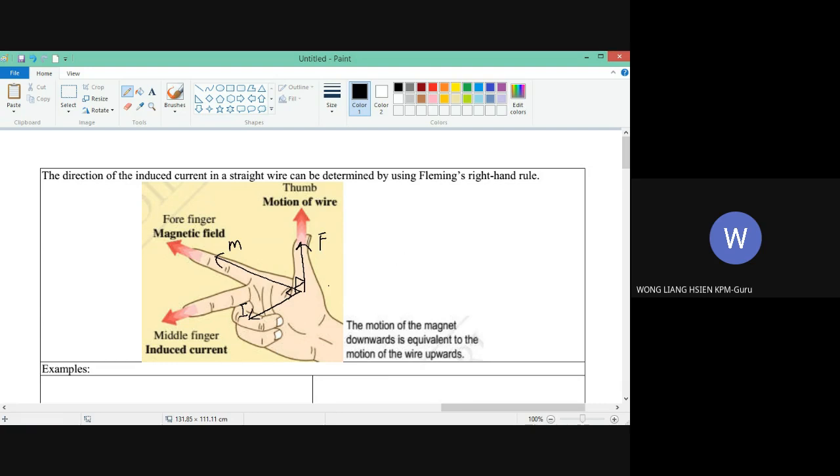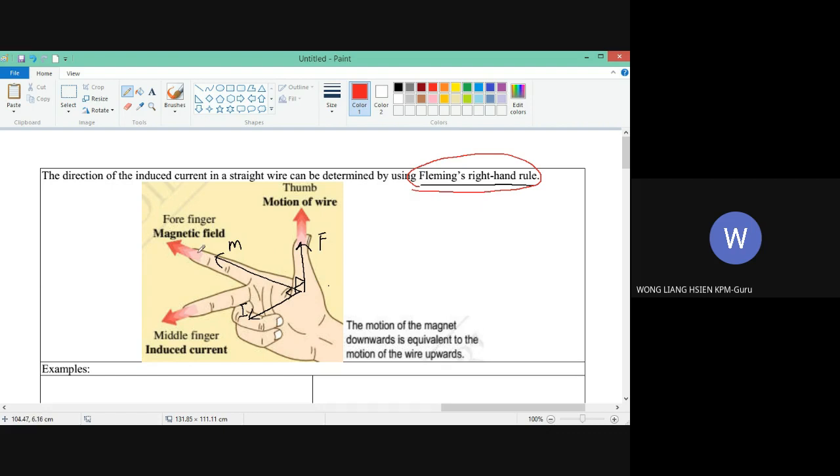All right. So this is what we call the Fleming right hand rule. So now we have two Fleming hand rules. One is Fleming left hand rule. One is Fleming right hand rule. Fleming right hand rule is used where there is no current, you produce your own current. That means by using electromagnetic induction, you produce the current, then you use Fleming right hand rule.